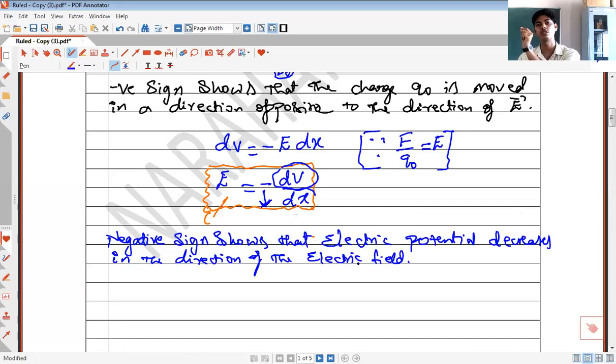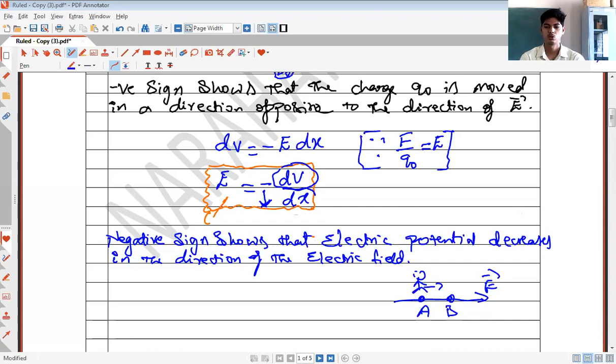So if a charge moves in the direction of the electric field, is the charge moving towards a higher potential point or towards a lower potential point? If the charge moves from A to B in the direction of the electric field, is it moving from higher potential to lower potential, or from lower to higher?